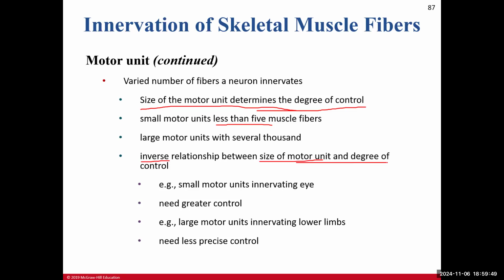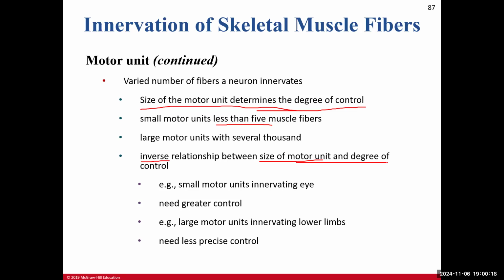Think about what piano players do, people that are very, very dexterous with their hands. What type of motor unit do you think goes to the muscles in your hands? Big or small? Small. Remember what I said. It's an inverse relationship. The smaller the motor unit, the larger the degree of control, which means more precision. The larger the motor unit, the smaller degree of control.